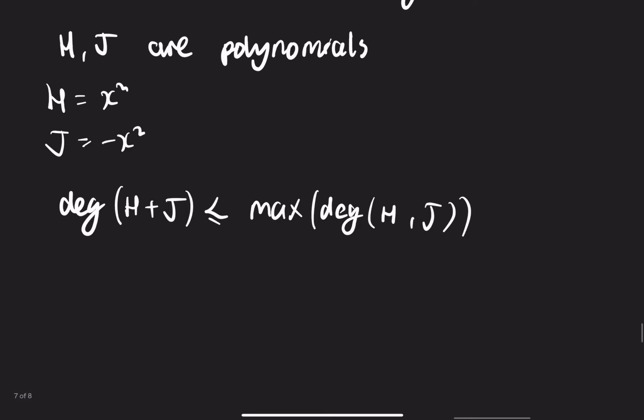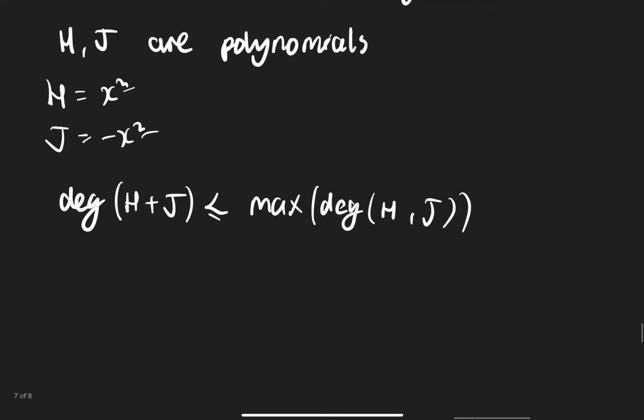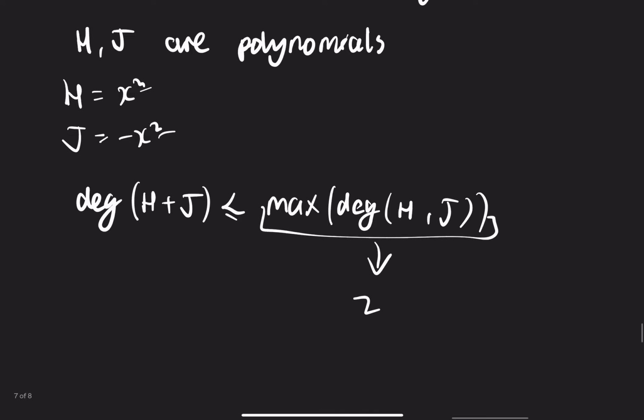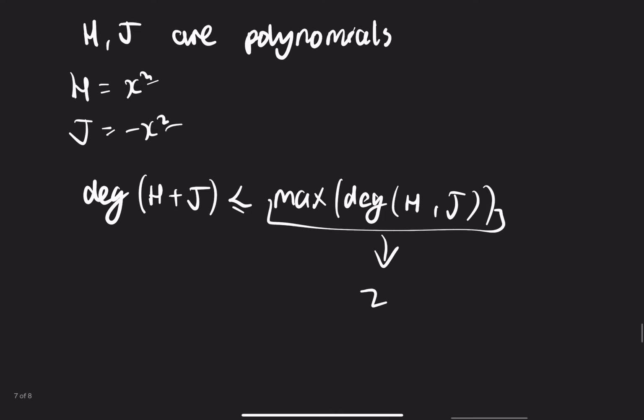The degrees of h and j are the same. They're both 2, so either way it's going to be 2. So we know that 2 is greater than or equal to the degree of h plus j, which is x squared plus minus x squared, which is 0.